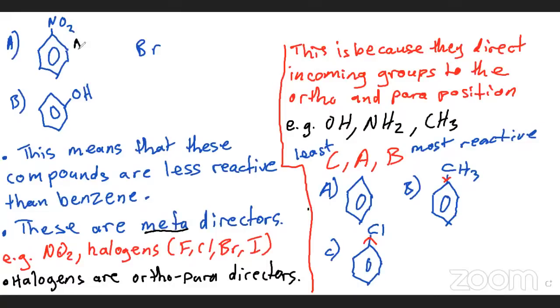I'm going to label it A, B, C. In compounds A and B, if I want to add bromine to it, I want you to tell me where the bromine would go, A, B, or C, in compound A and in compound B. Which of the positions?